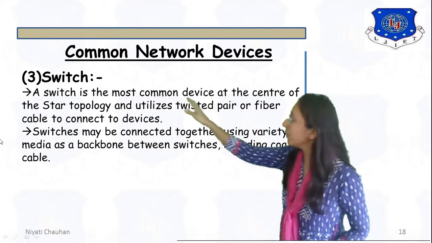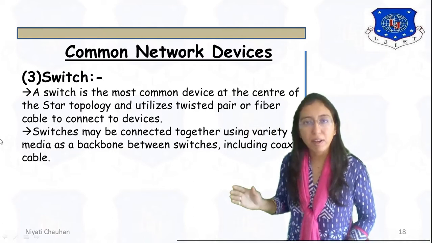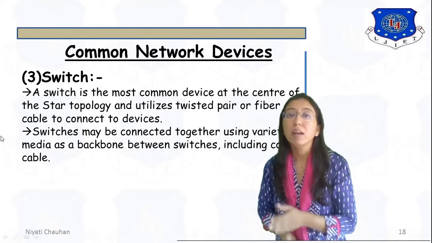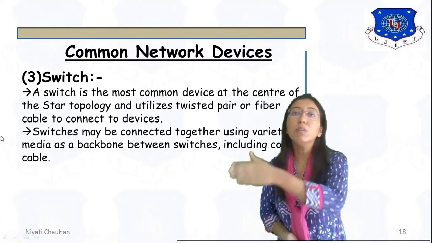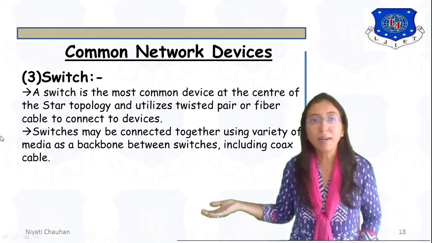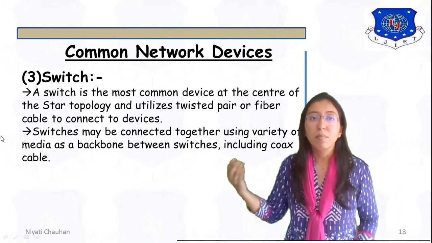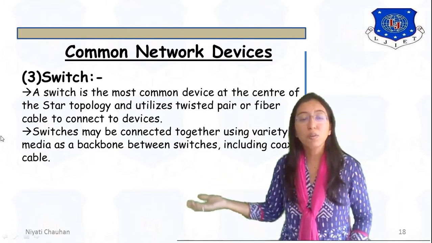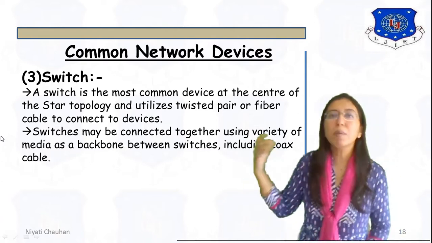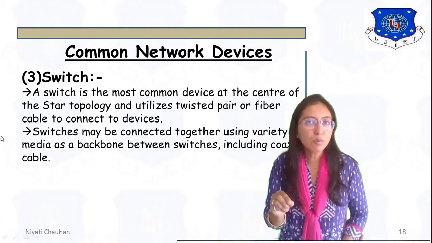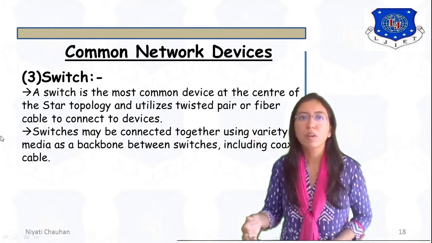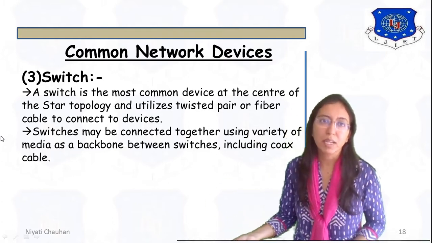A switch is the most common device at the center of star topology and utilizes twisted pair or fiber cable to connect to devices. Switches may be connected together using a variety of media as a backbone between switches, including coaxial cable. So the switch is the most common device we use in star topology, and we can also use twisted pair or fiber cable.